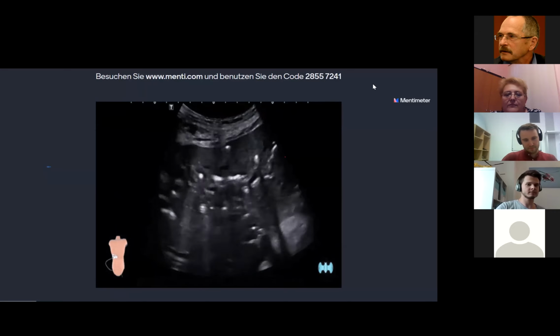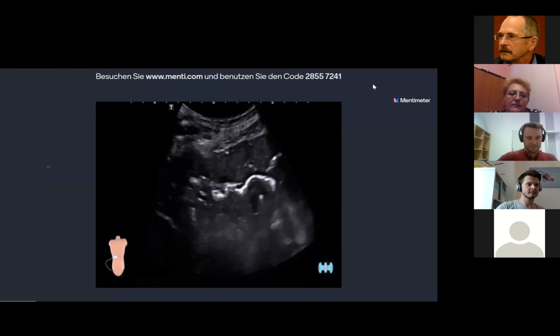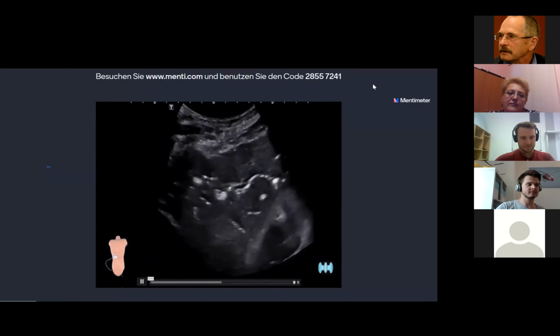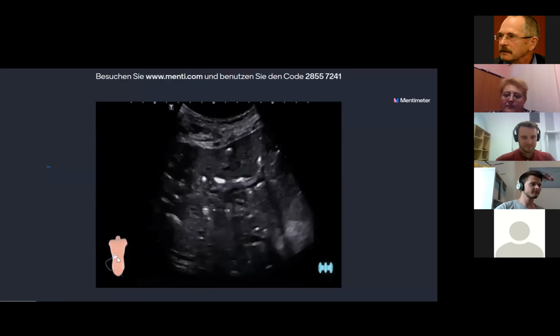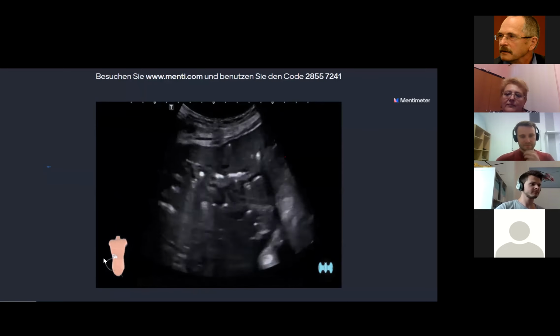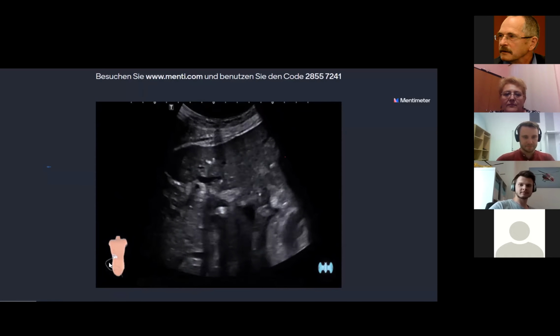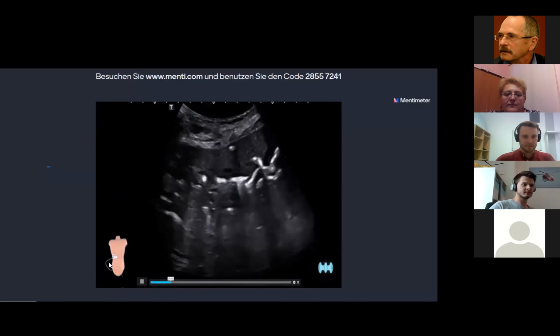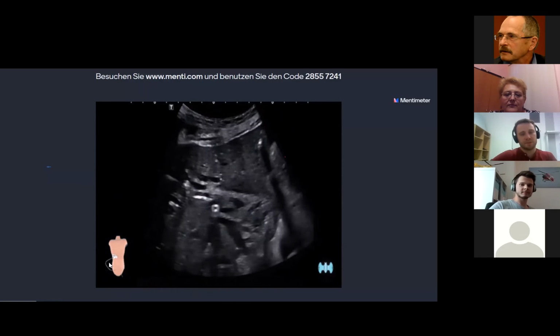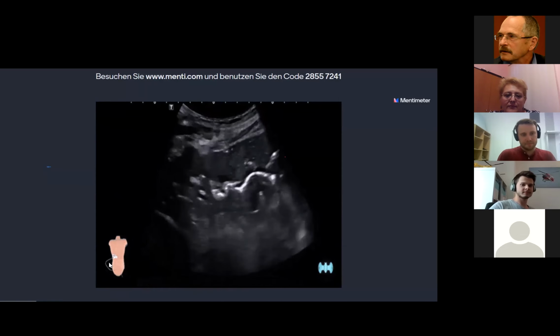It's inside of the liver. Look at the probe position here. The important thing is it's post-intervention.